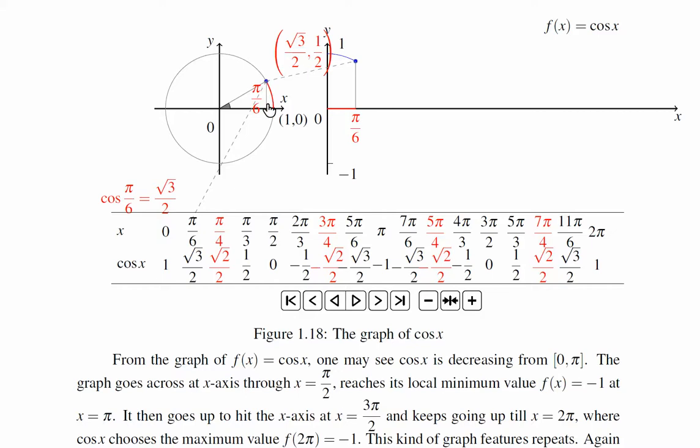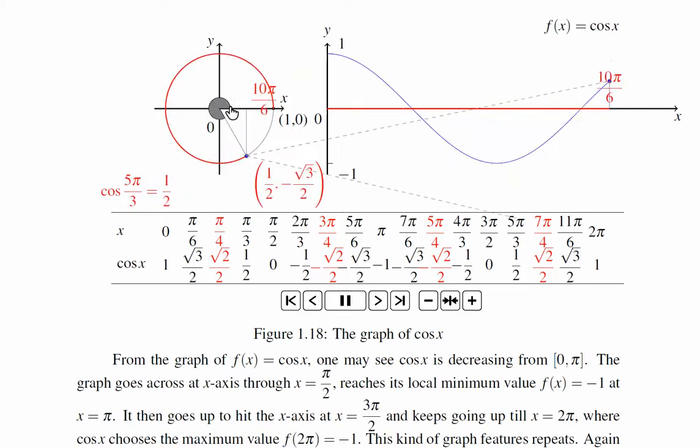For pi over 6, that's a smaller angle. So when x equals pi over 6, this angle, then the length of the arc is this part. The length of the arc in radians is used to measure the amount of angle.